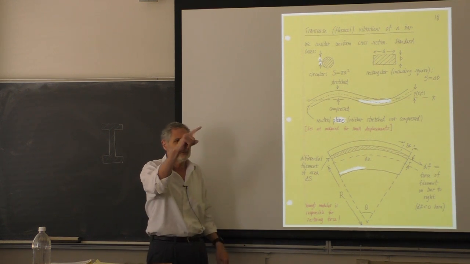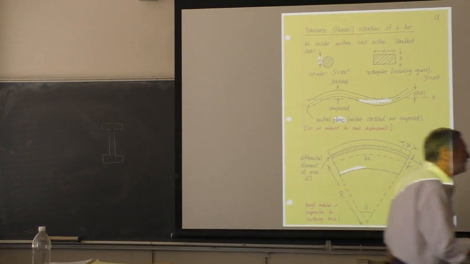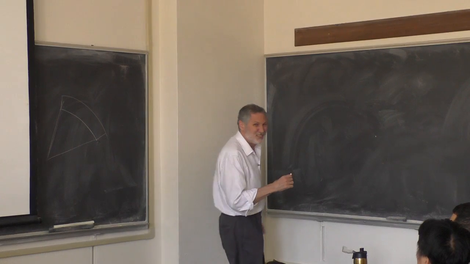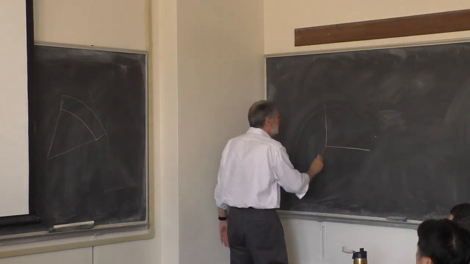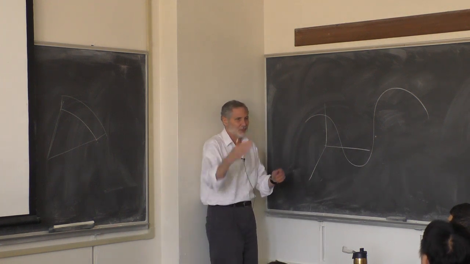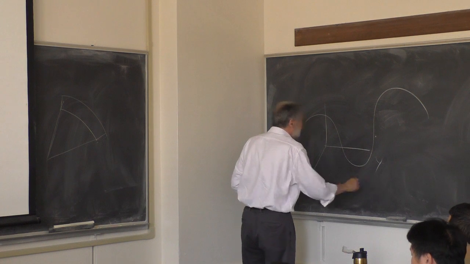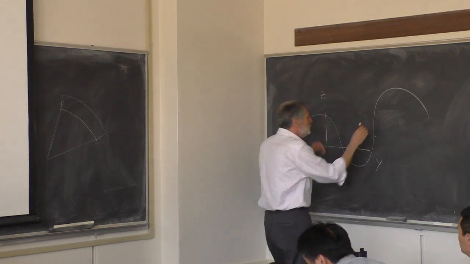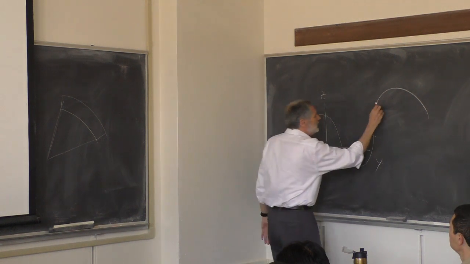If you have a curve in three-dimensional space, has anyone ever had any differential geometry? Okay. So here's a curve in 3 space, and it can be doing anything. You pick any point; it's got to be a smooth curve.